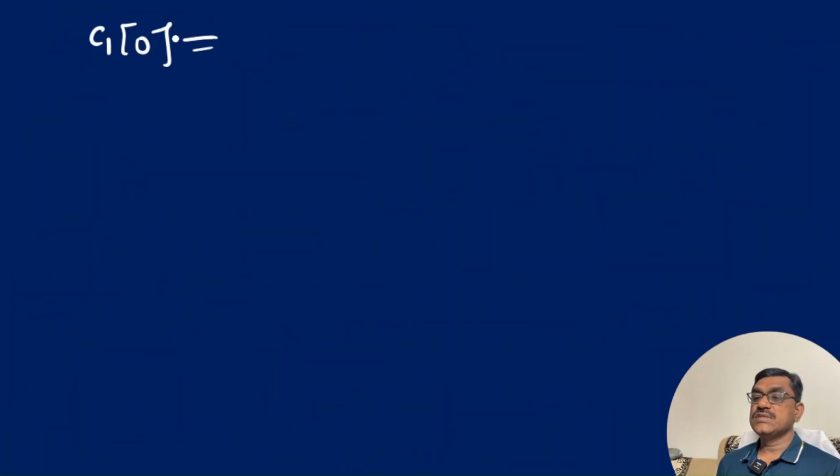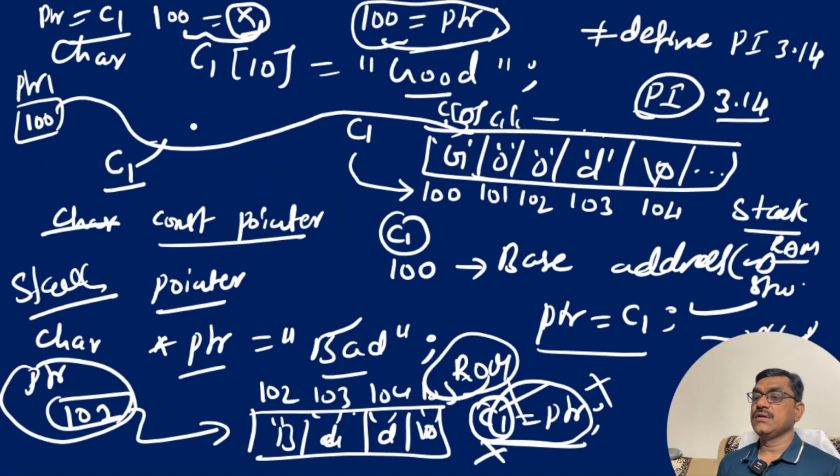Now, when we say C1 of 0 equals, for example, you can take any character, you say B. When C1 of 0 equals B, then automatically what happened? This G will be changed to B, right?